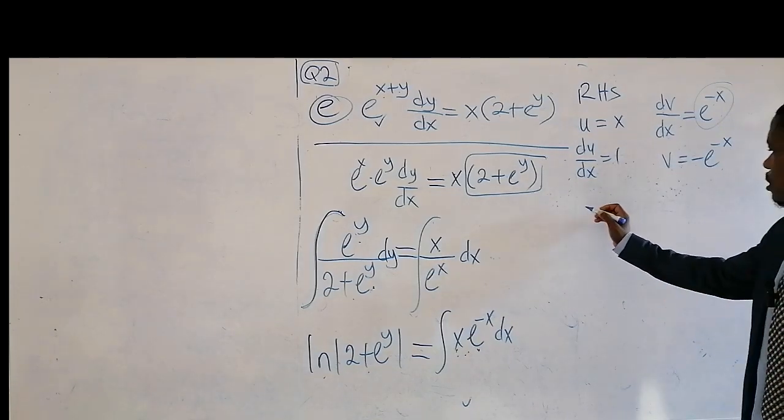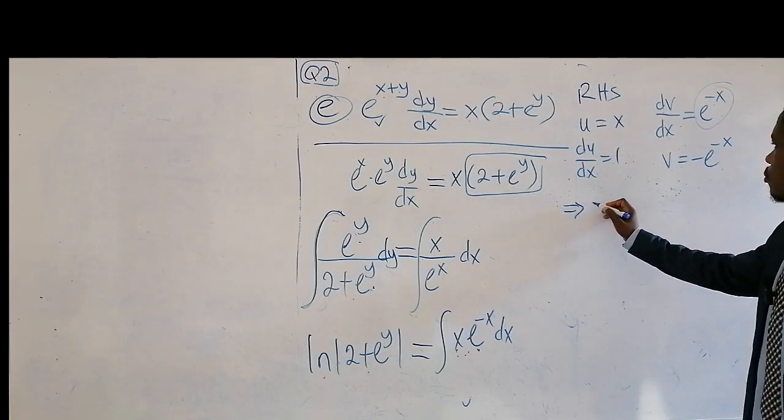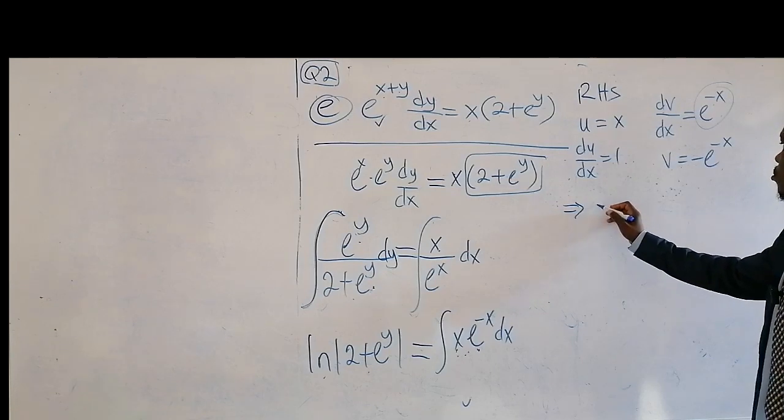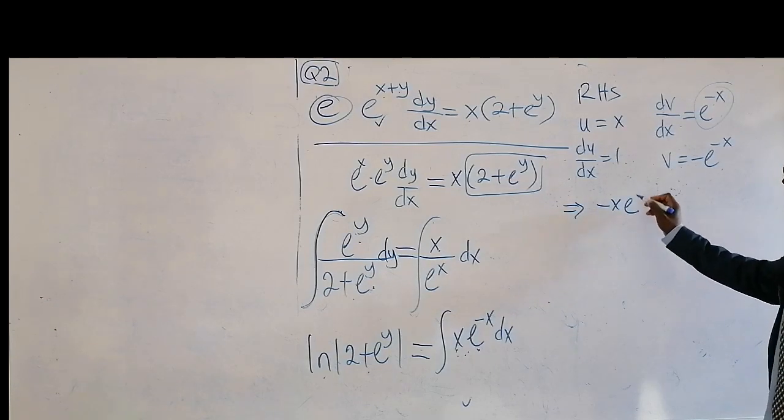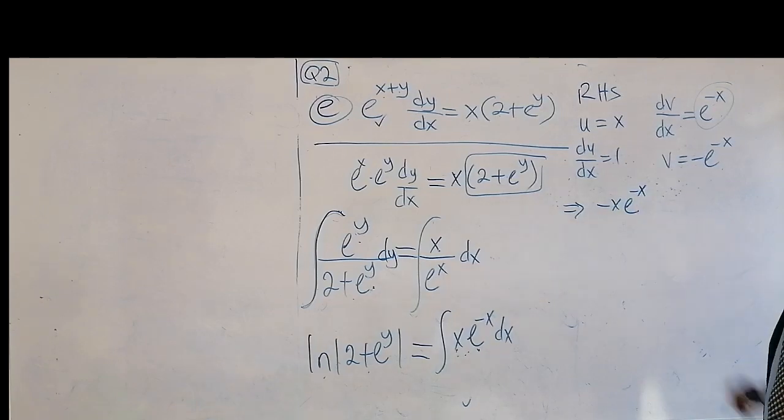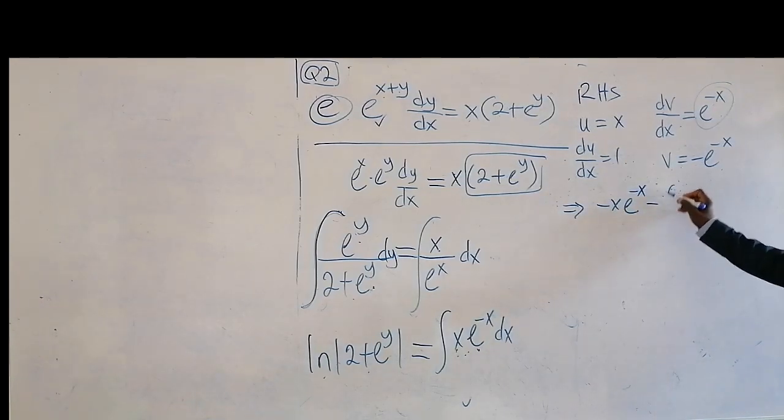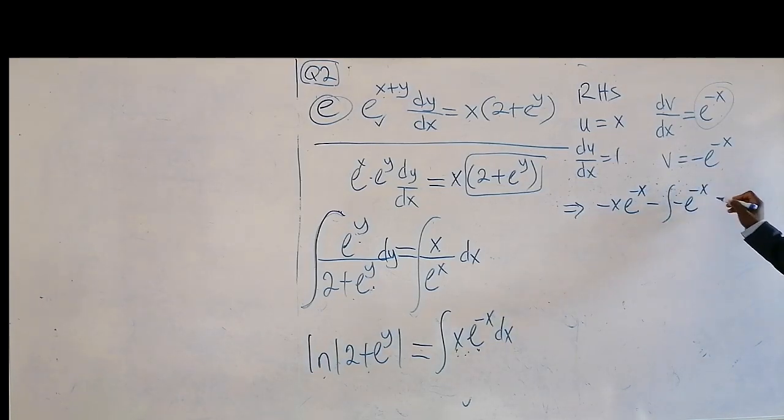Then that will be equal to uv, that will be minus x times exponential e to power this, then minus integral of minus this times 1 dx. That is v times du/dx, dx.